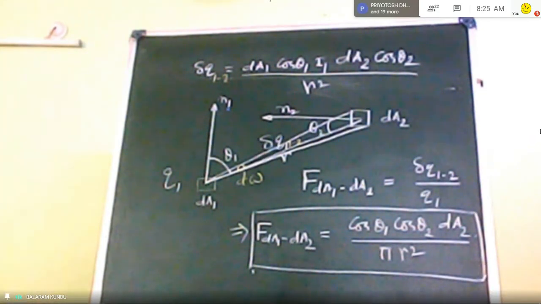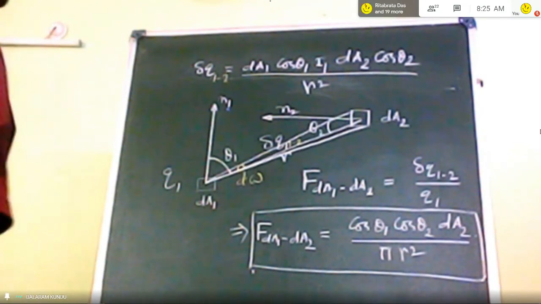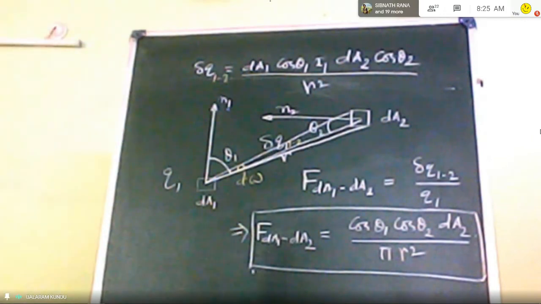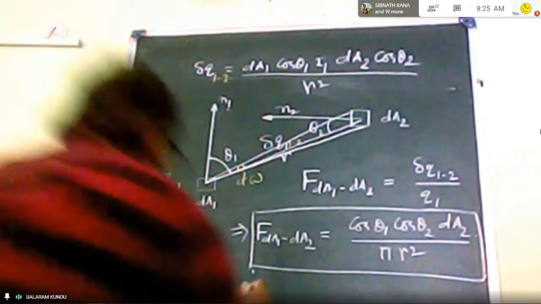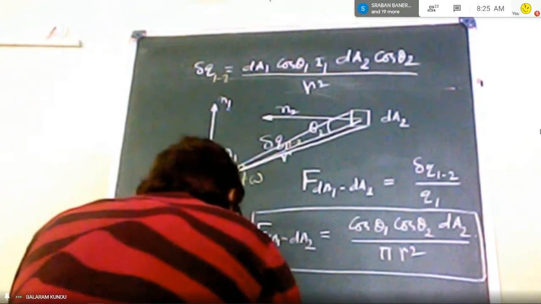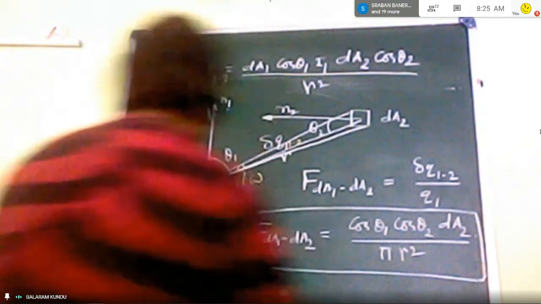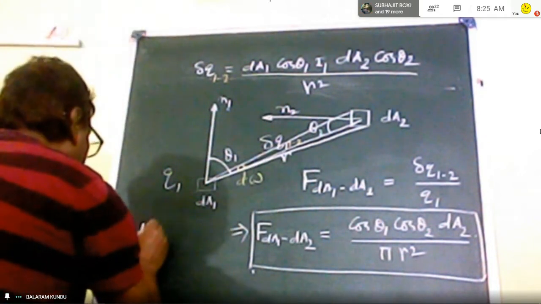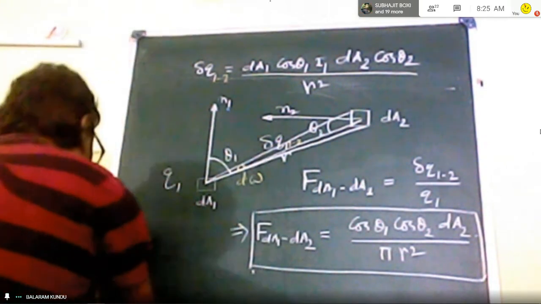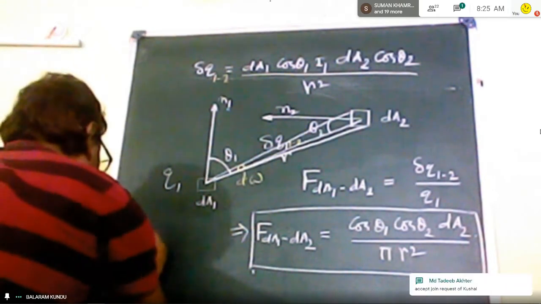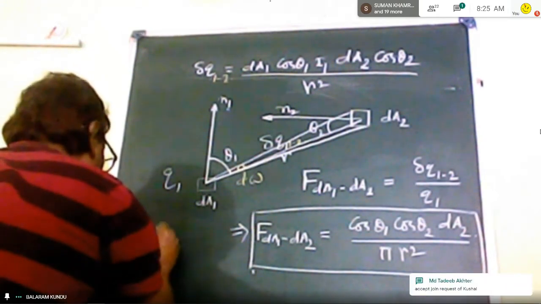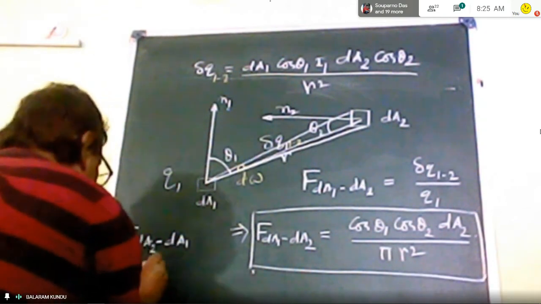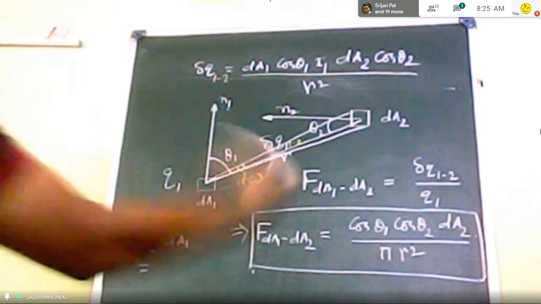In a similar fashion, if we consider the shape factor from surface 2 to surface 1, that is the shape factor F dA2 to dA1, we can write it in a similar way.